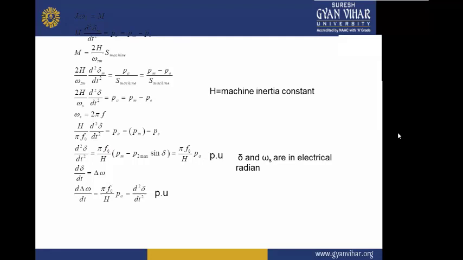Now we know that the synchronous speed is written as 2 pi f, which is in hertz, and it is in radians.